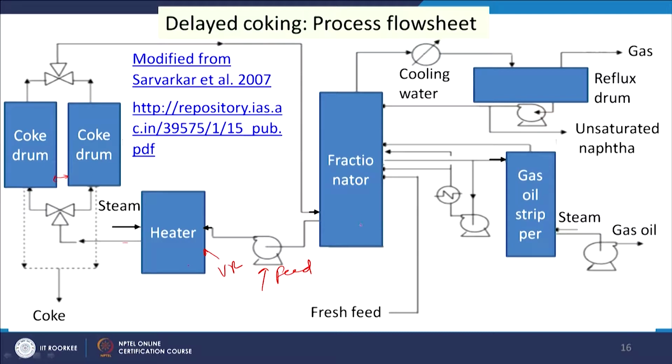So, after fractionation we will get different products, we can get gas, we can get unsaturated naphtha here, and we can get some middle product also. So, gas oil stripper, and then we will get steam, and we will send steam here for its heating, and then we will get gas oil.